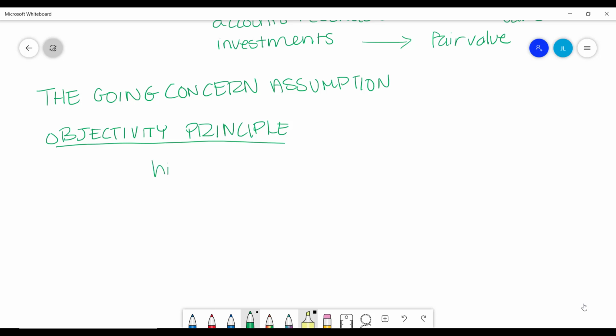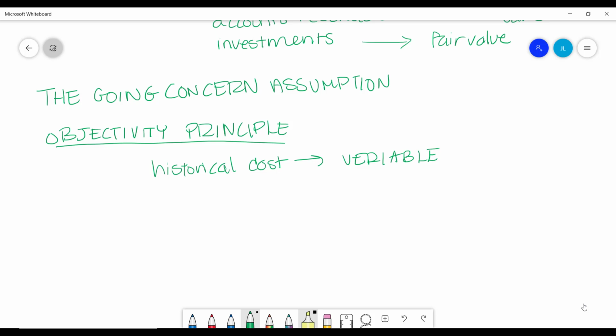Why? Because guess what? Historical cost, that is most definitely verifiable. Can I easily figure out how much they paid for their building or their land? Of course, that's a verifiable thing. It's either an amount or it's not an amount, right? But if you ask someone, let's say, what a piece of land is worth, that might generate more than one opinion, right?